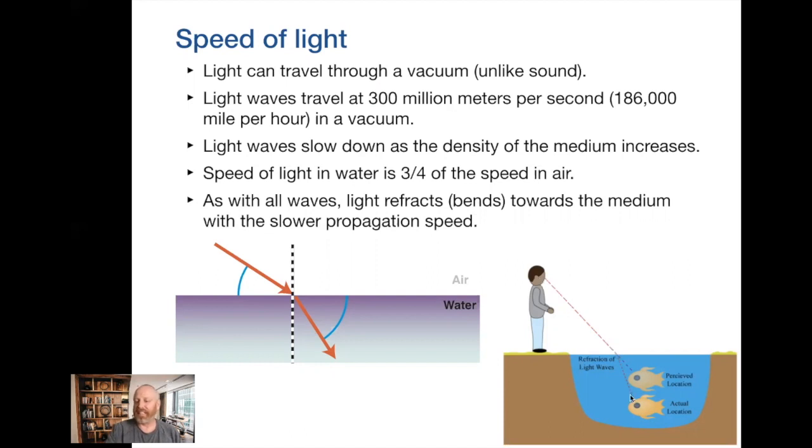So it's actually not a straight line between the observer and the fish. But the observer's brain thinks it's a straight line, so it's going to place the fish here, where this dashed line of light coming from his eye would be if it continued straight when it got to the water surface. So he's going to perceive the fish to be here, when in fact, because the light rays bend at the surface, the fish is at a deeper location.